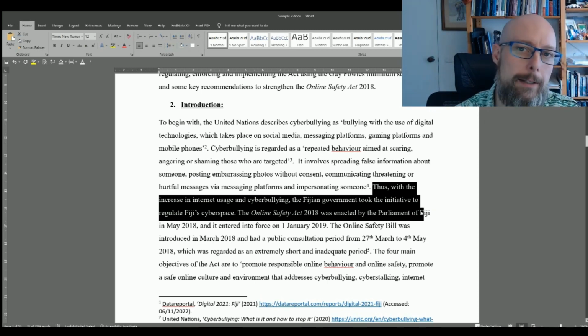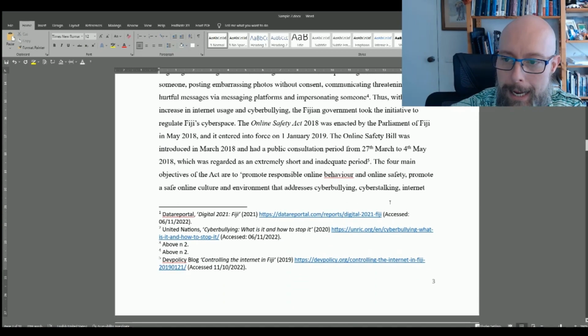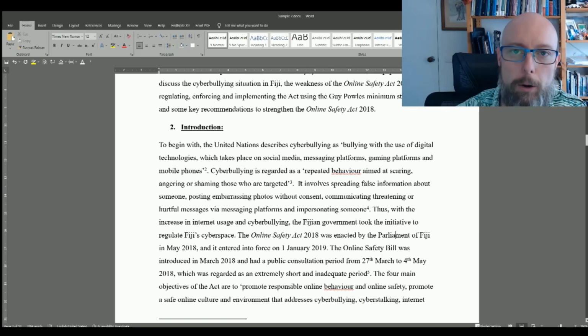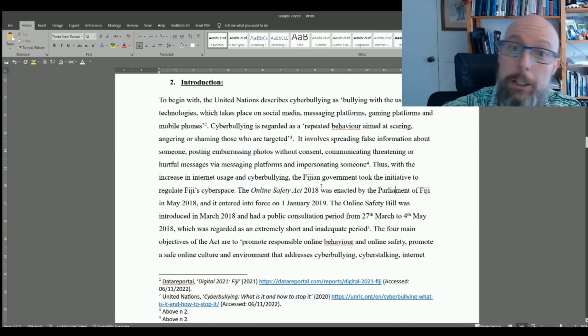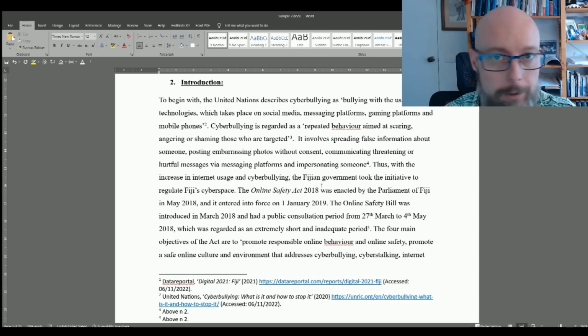There are different ways that it can flow. I'd prefer you to start with mentioning the act that you're looking at, and maybe get to why cyberbullying is an issue after that. This is what the act does. The act's aim is to address cyberbullying, which the United Nations describes as this, and is a big problem globally.